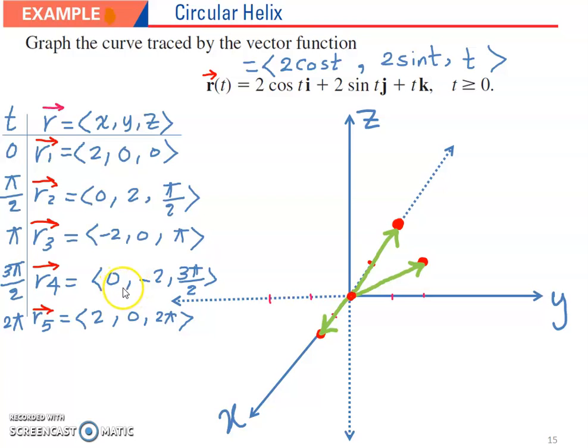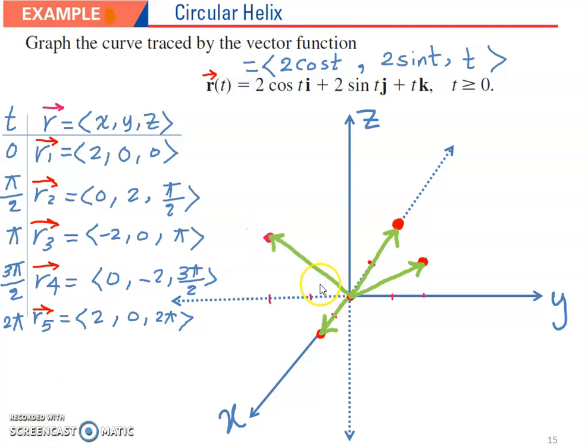R4 will be at the point 0 from x, minus 2 from y, so this is minus y. Minus 2 from y will be here with 3 pi over 2 from the z. Again a rotation with another 90 degree, and it will be around here.